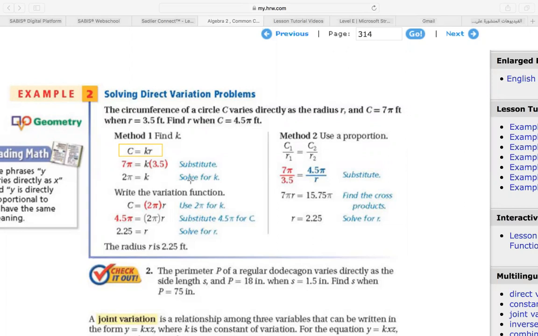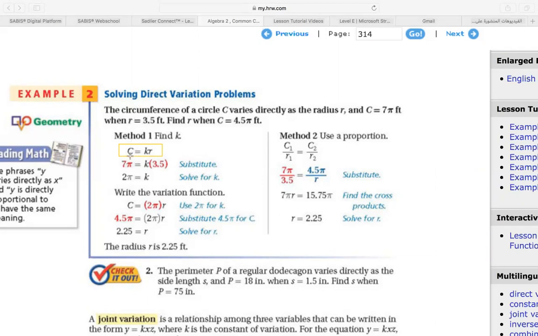So first I will get the value of K. C is equal to K r. What is the value of C when r was 3.5? C is 7 pi when r is 3.5.